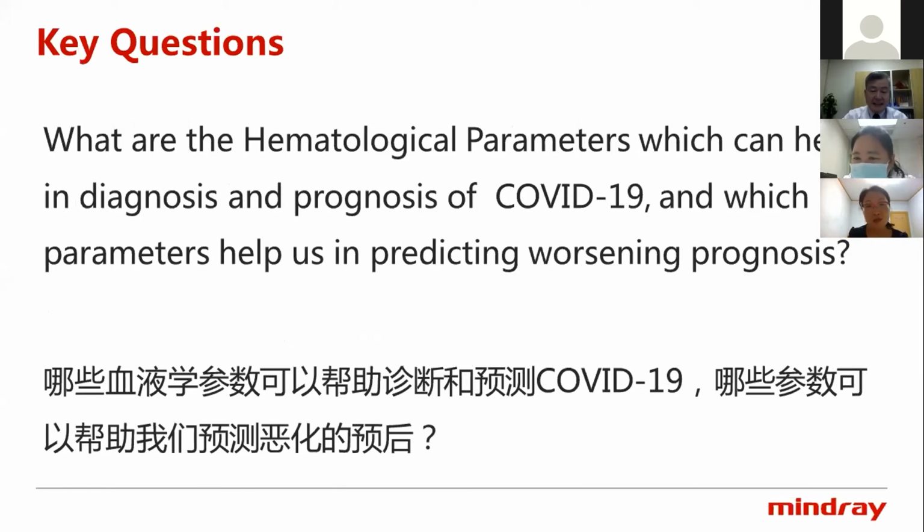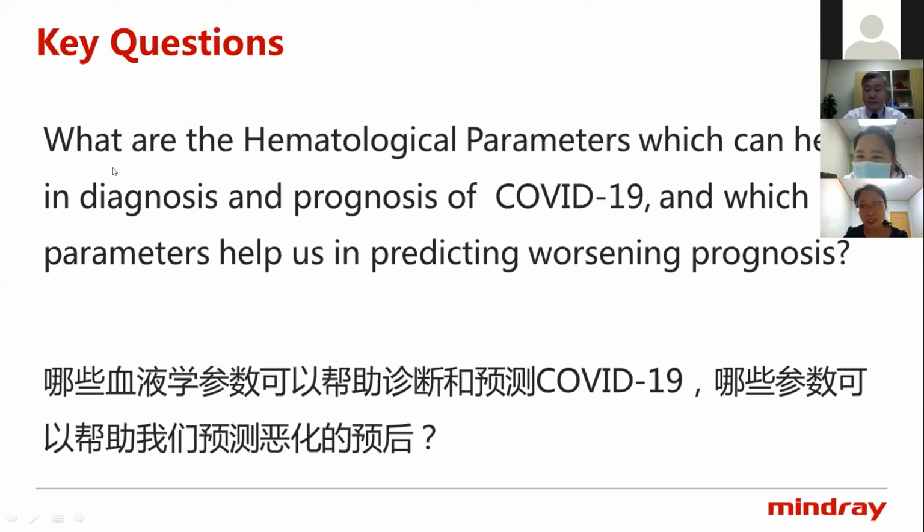So hematological parameters do help. In my talk, as I said, in blood routine tests, we have many parameters, including lymphocyte counts, the NLR, the neutrophil count, and the CRP, etc. All these parameters combined would be very helpful in COVID-19 prognosis.